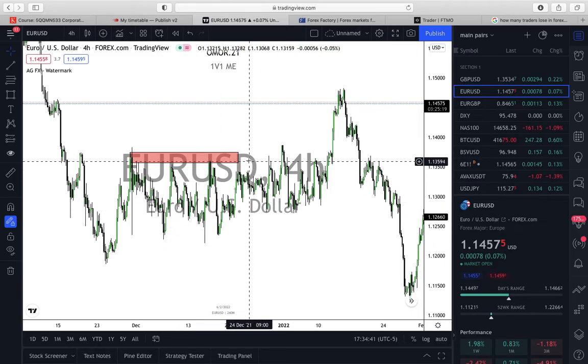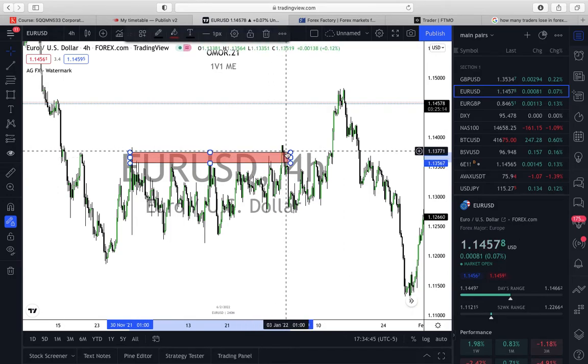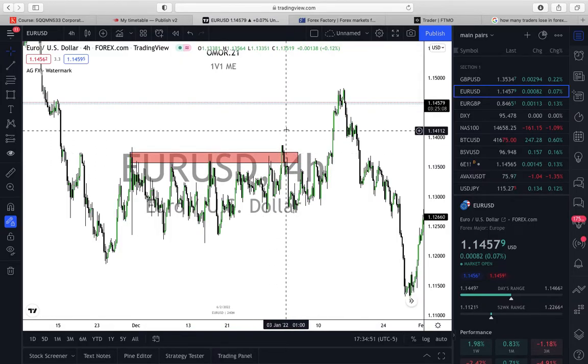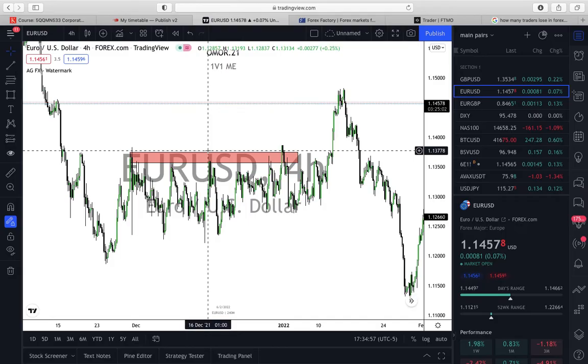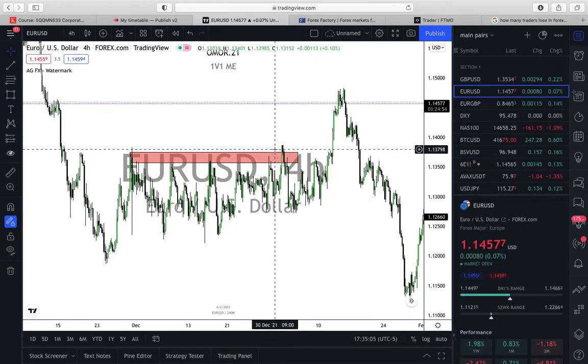But if you look into the future, what happens here? Now, people say that when the resistance is broken, that is called a breakout. Okay? When there is a breakout of resistance, people buy. There's an order in the market called a buy stop.